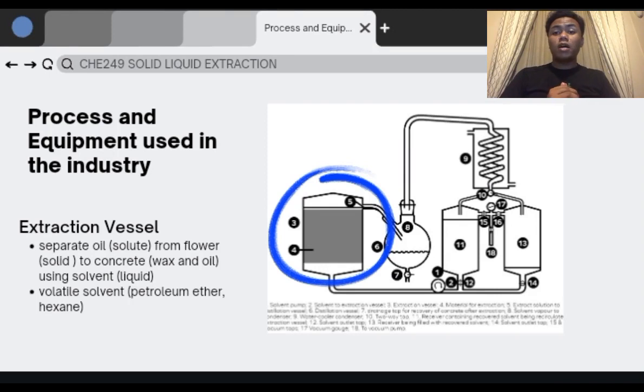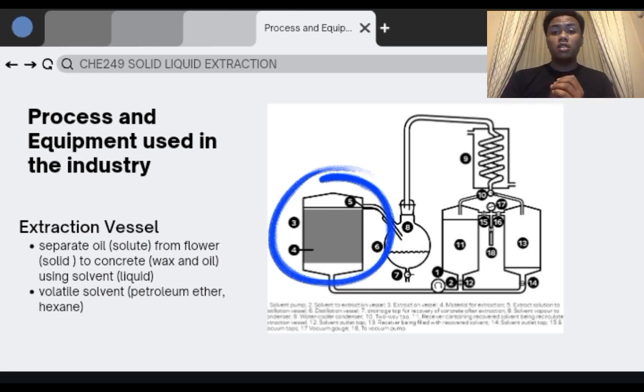Okay, now I'm going to explain the process in the PFD that I showed just now and the equipment used in the industry that involves solid liquid extraction. As I said, this PFD is a process that is involved, but not the overall process of the essential oil extraction.